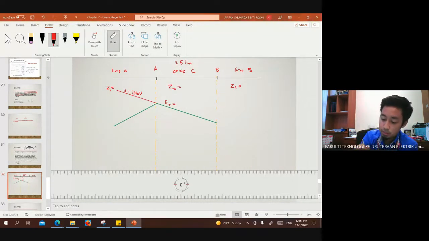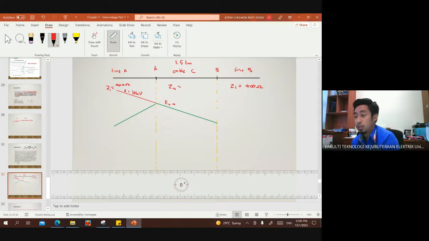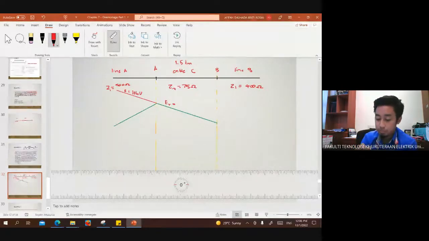Okay, nilai Z1 is equal to 400 ohm. So equally Z1 for line A and B is same, this one 400 ohm. The value of Z2? Betul. Okay, Z2 75 ohm. So bila dah dapat nilai Z1 dengan nilai Z2, kita boleh cari nilai alpha dia. Dekat point ni berapa nilai alpha, dekat sini berapa nilai beta dia?